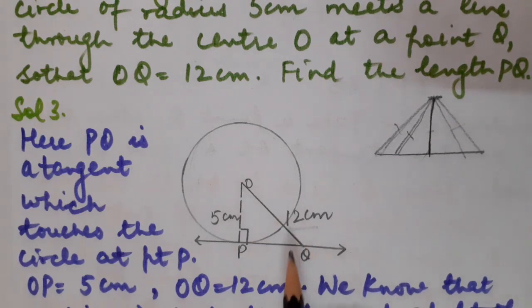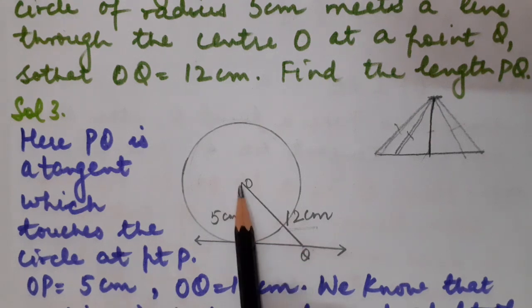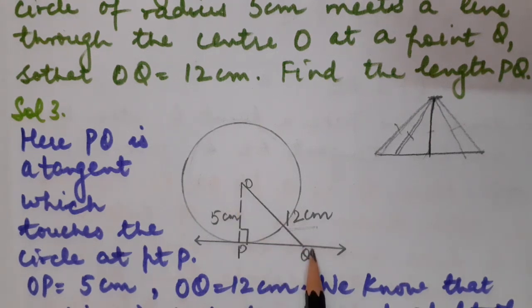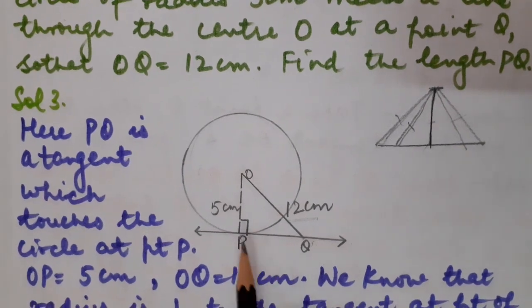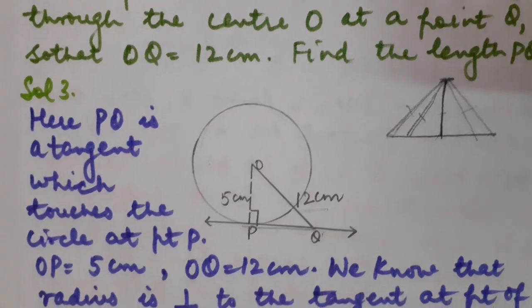Fine, children? Basically this was a complete tangent, PQ. Here you can see that OP is the radius, and Q is that very point such that OQ must be equal to 12 cm. We have to calculate the length of the tangent, meaning we have to calculate PQ. Fine, children. So let us start.